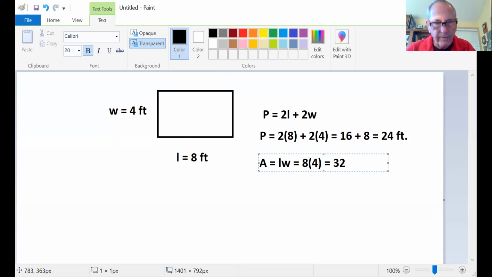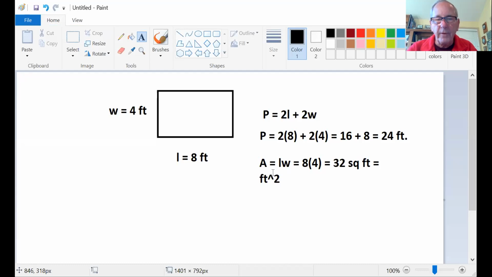And of course, it's square feet. You could put it like this, they both mean the same thing, right? A superscript of 2, so feet squared. Okay, that would be the area.